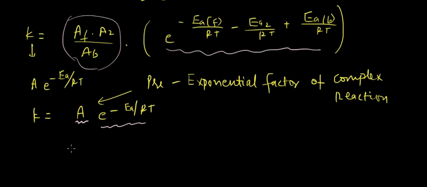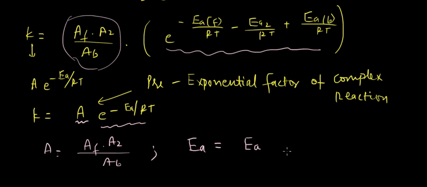Hence we can write that the pre-exponential factor of the reaction would be Af times A2 upon Ab, and Ea similarly would be equals to EaF plus Ea2 minus EaB, because this is also minus Ea upon RT and this is also minus, so minus and minus get cancelled and all the plus terms get converted into minus terms here, and all the minus terms get converted into positive terms here. So this is the activation energy of the complex reaction.